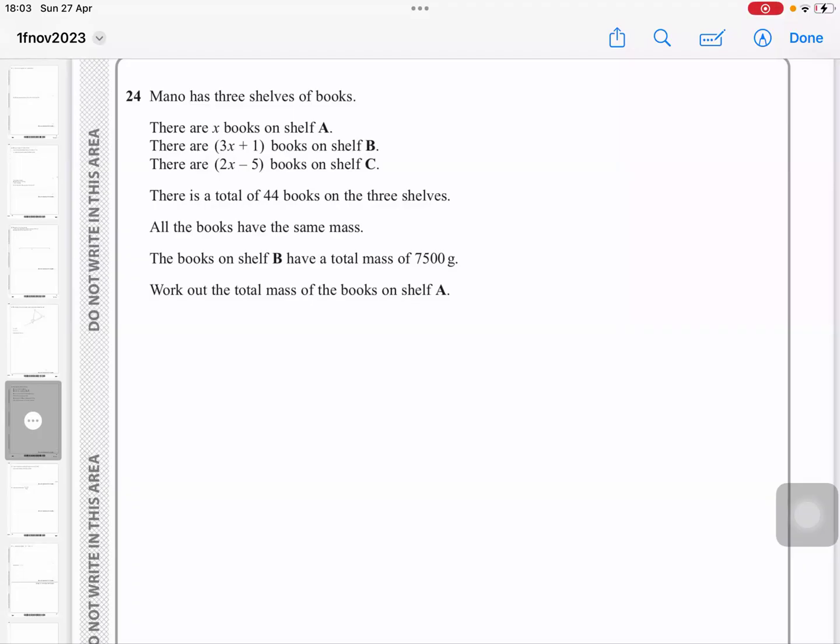Eight times 300, isn't it? So that's going to be 2,400 grams.